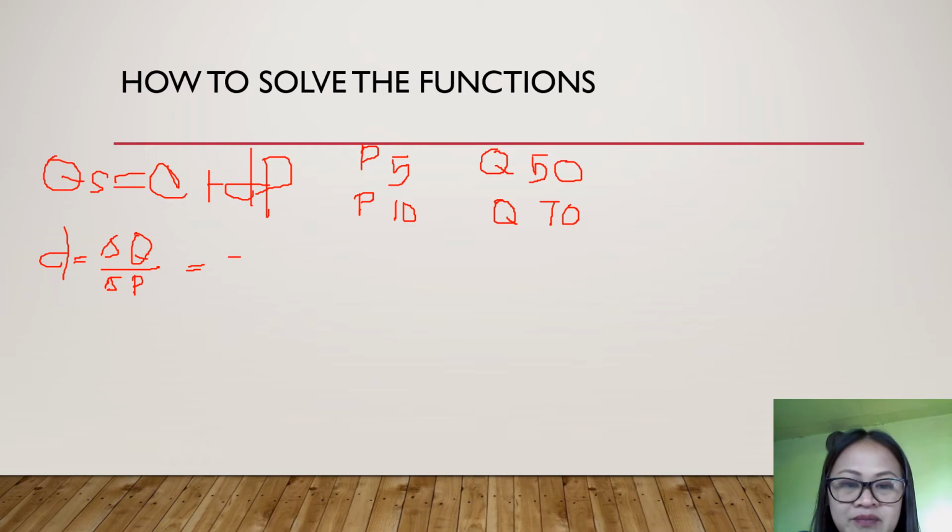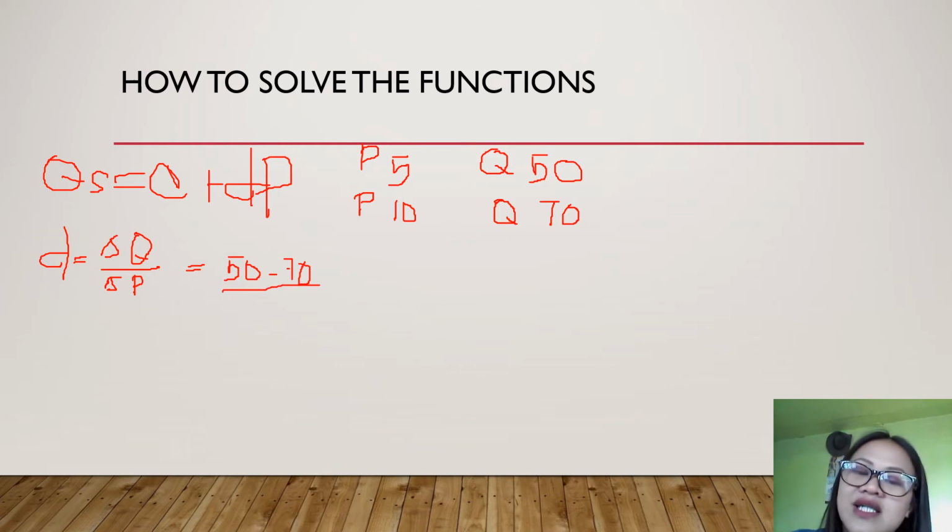So, let's say 50 is our quantity 2 and 70 is our quantity 1. Okay, as for the price, for 50 we have 5. The price of 70 is 10.